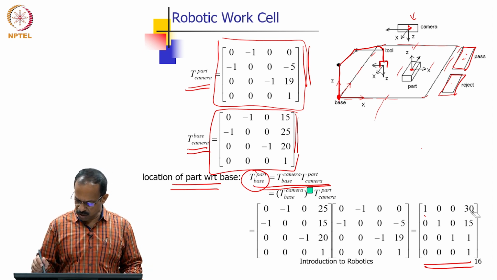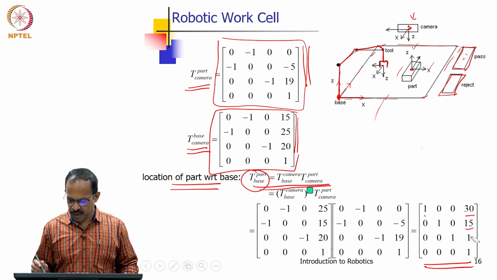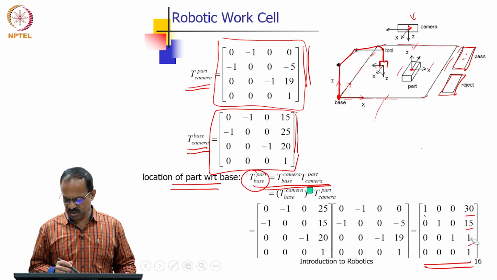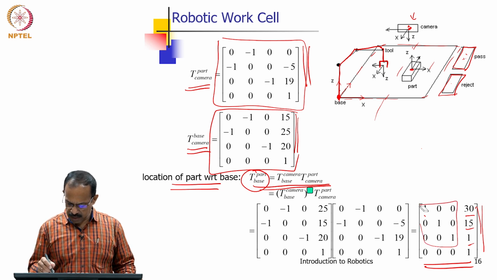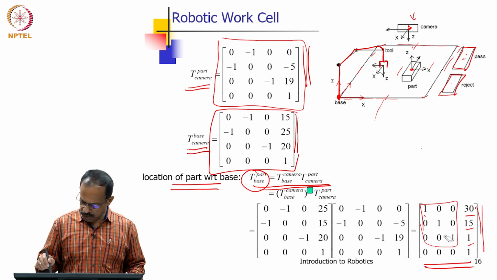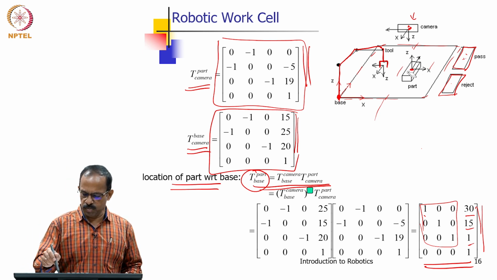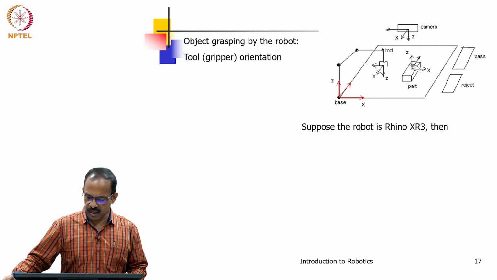Now, the robot knows that the object is at 30 units in x, 15 units in y and 1 unit in z. Once we know this and the orientation, the tool needs to be oriented accordingly and the position has to be reached at this location, which is done using inverse kinematics.